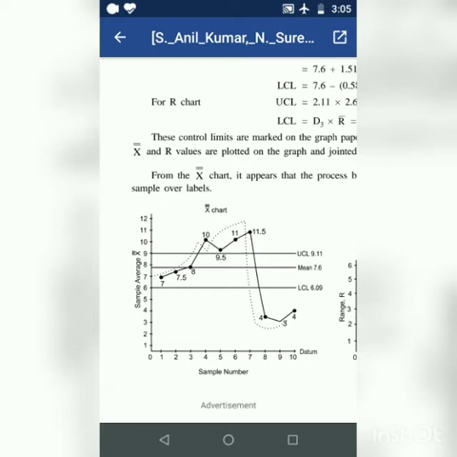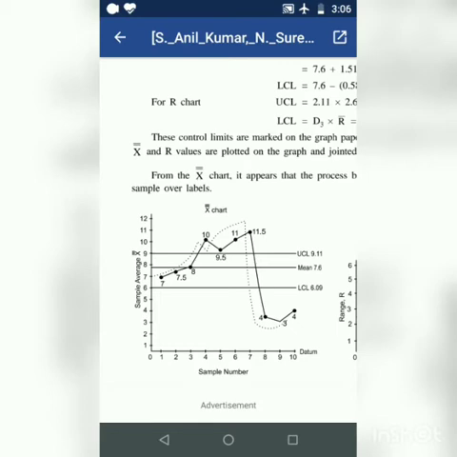For the first sample the mean is 7, for the second sample the mean is 7.5, for the third sample it is 8, for the fourth it is 10, for the fifth it is 9.5, for the sixth it is 11, for the seventh it is 11.5, the eighth is 4, the ninth is 3, and for the 10th sample it is 4.